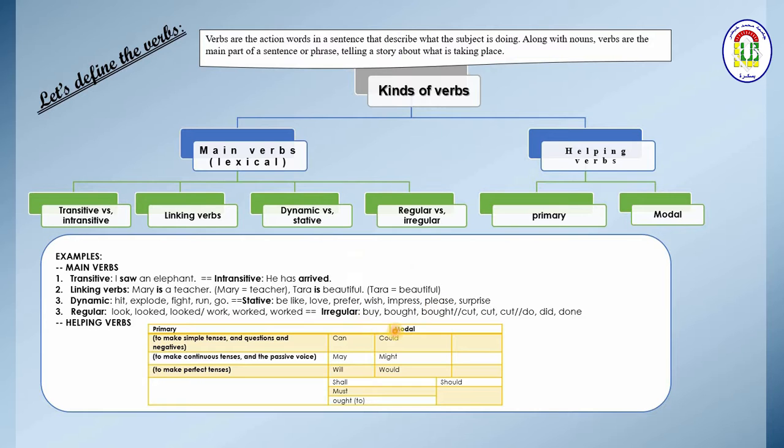And we have the modal verbs like can, could, may, might, will, would, shall, should, must, and ought to. So these are called the modal verbs. The modal verbs are used not to form the tense or to form the negative or the questions. They are used to give more details to the main verb. For example, I say I can speak English.